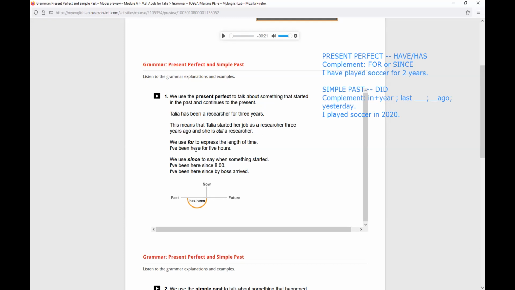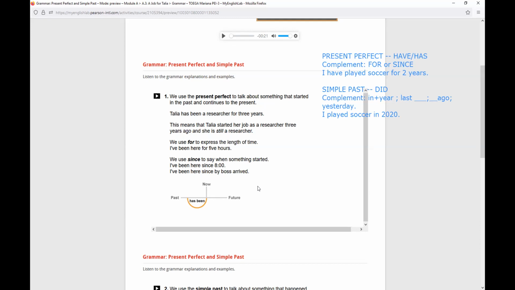¿Listo? So we use for or we use since. For to express the length of time. For example, I've been here for 5 hours. Yo he estado aquí por 5 horas. Con exactitud, ¿no? El for siempre nos muestra el tamaño del tiempo, si era corto, poco, o sea, con exactitud. En cambio, el since, we use it for something started. Lo utilizamos solo para mostrar cuándo la acción ha empezado, ¿no?